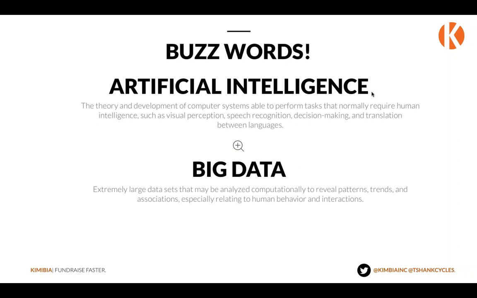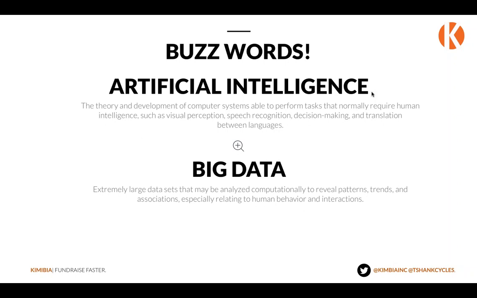What I think is interesting is artificial intelligence and big data working together. So big data is just the concept of taking extremely large sets of data that can be analyzed and revealing patterns, trends, associations, especially relating to human behavior and interactions. And this is very important to think about as fundraisers because we want to make sure we're targeting the right people with the right ask at the right time.